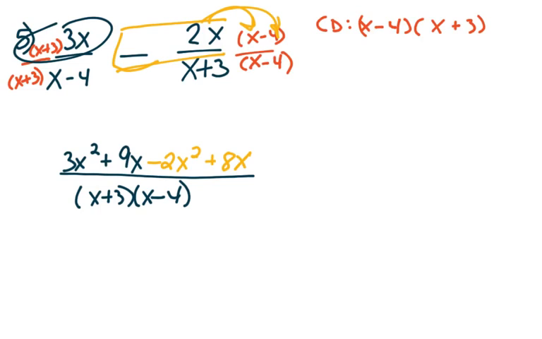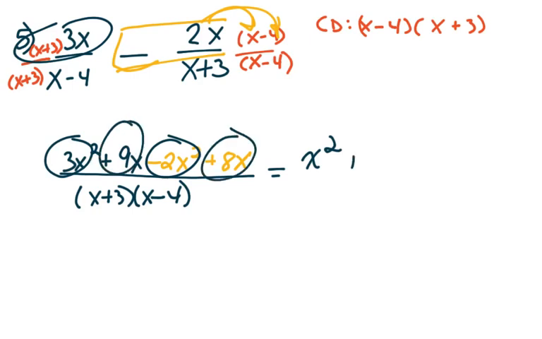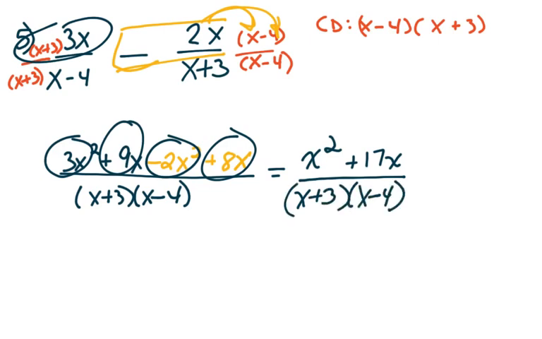When there's a minus sign, it will change the sign of everything to the right of it. So now you can combine your like terms. You have 3x squared minus 2x squared, so that's a positive x squared. And then you have 9 plus 8, and that's going to be 17x. And there's a GCF in the numerator, and the denominator stays in factored form.